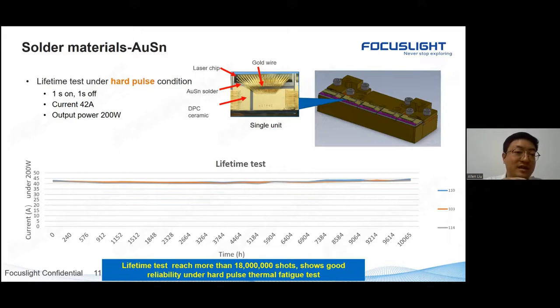The test condition is Y seconds on and Y seconds off. The current is 42 amps. Output power of the device is 200 watts. You can see we got more than 80 million shots, which means about 10,000 hours, and it's still under test.